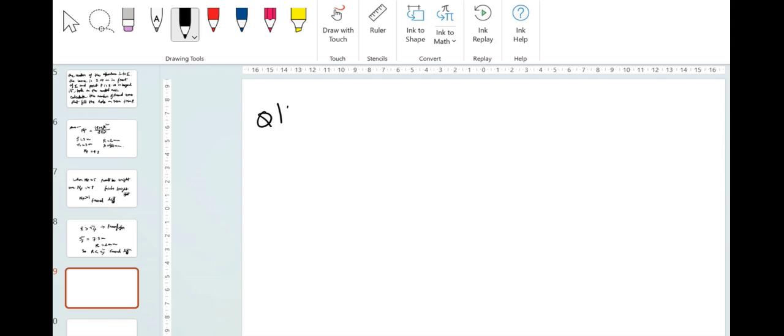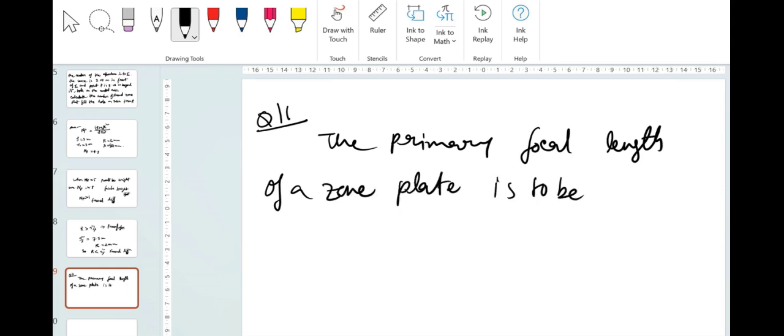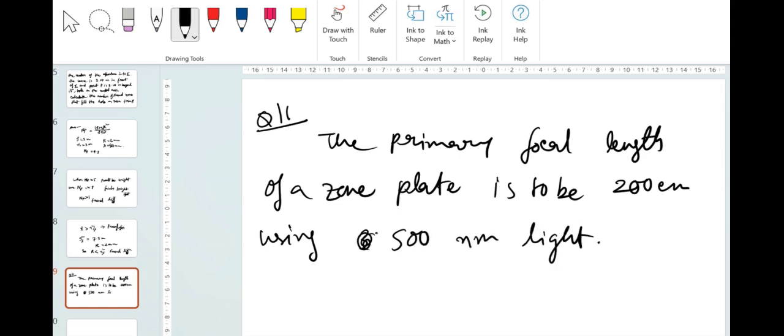Another question is question 11: the primary focal length of a zone plate is to be 200 centimeter using 500 nanometer light.